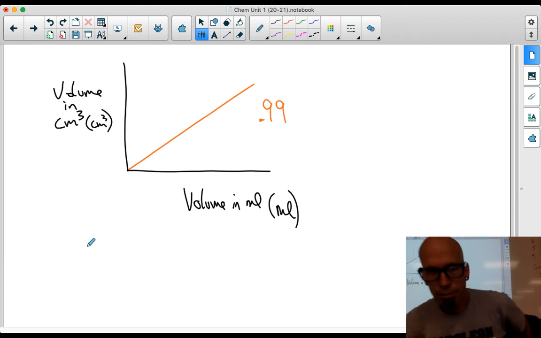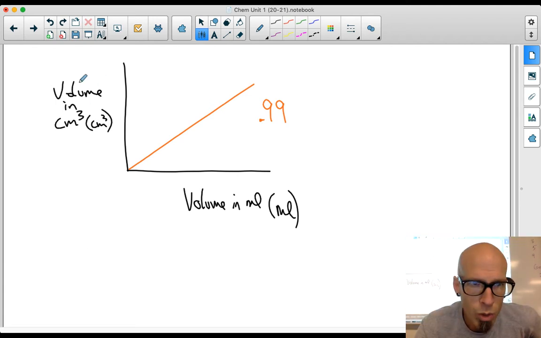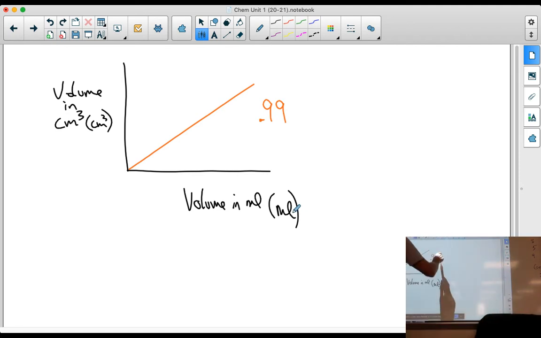Remember, when you find slope, you're taking the rise value divided by the run. So it's centimeters cubed divided by mLs, or slash, so this is centimeters cubed slash mL, the rise over the run.